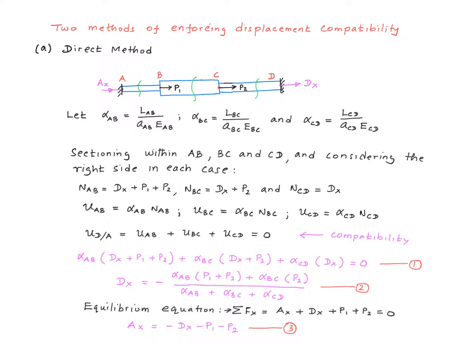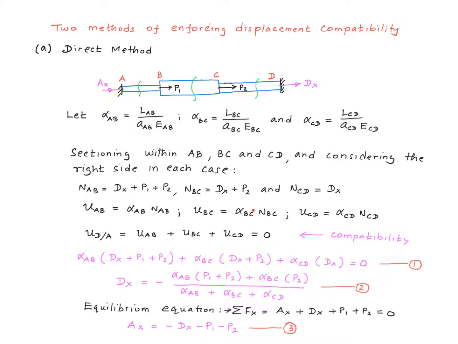The deformations of each of the sections are then given by these equations. Displacement of point D relative to point A is given by this equation, and we know the displacement of point D relative to point A must be equal to 0, right? So that's our compatibility equation.